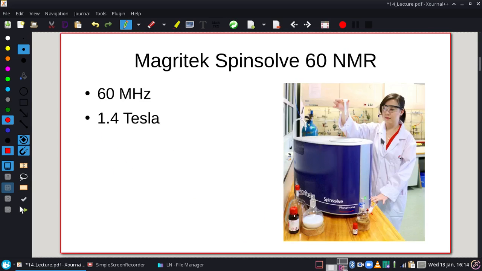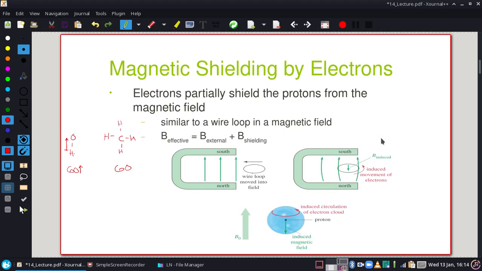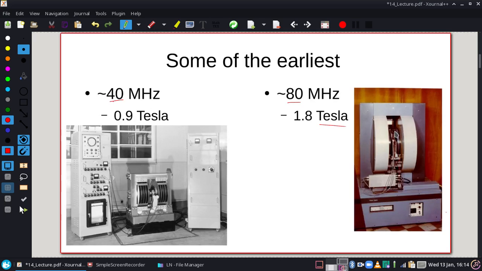And I had something like this. If we look at this, 60 megahertz at 1.4 Tesla, or 80 megahertz was 1.8 Tesla. I'm going to write those two numbers down. So if this was 60, then this was 1.2. If this was 80, this is, was that 1.6? 1.8.